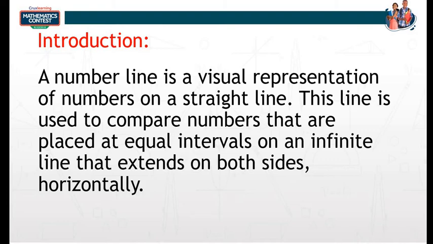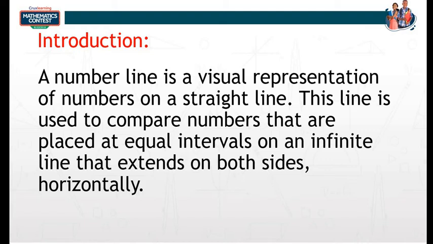This line is used to compare numbers that are placed at equal intervals on an infinite line. It runs from left to right, in the positive direction and the negative direction.